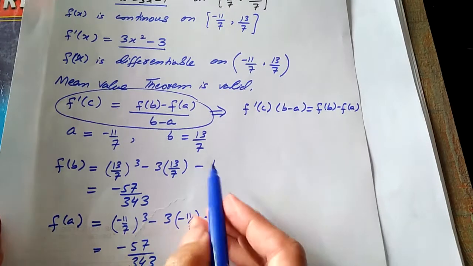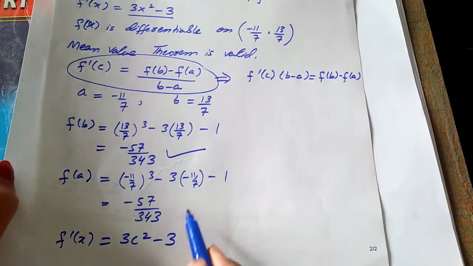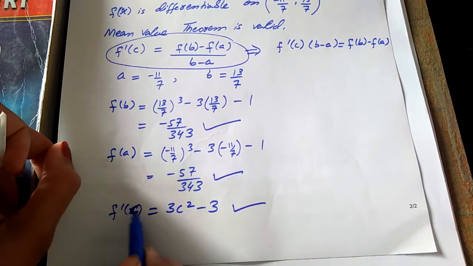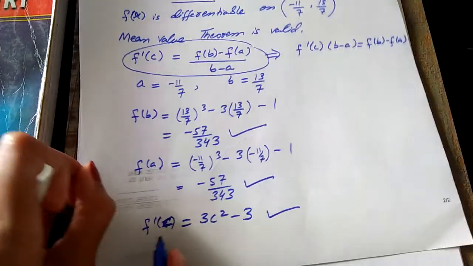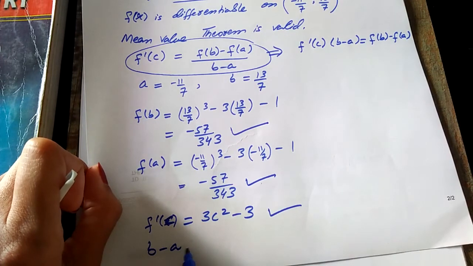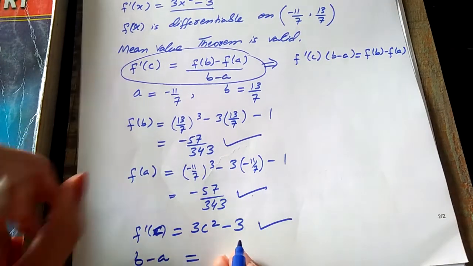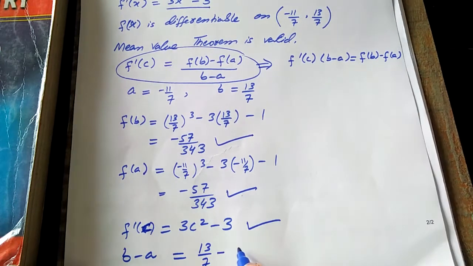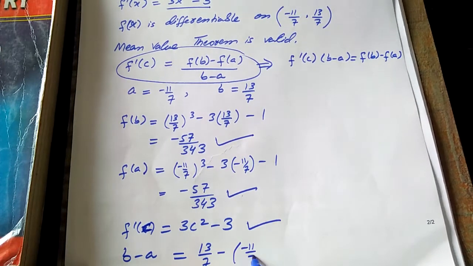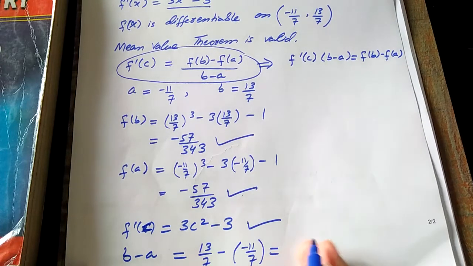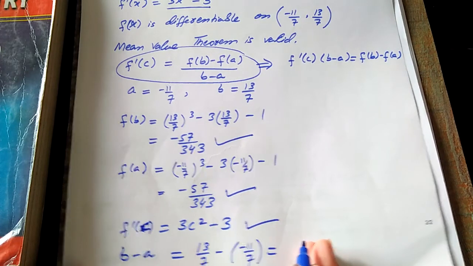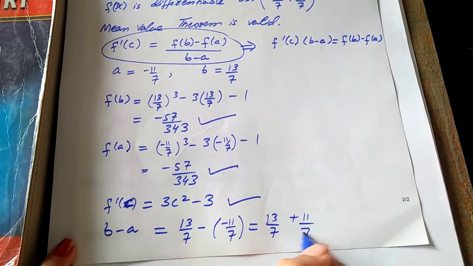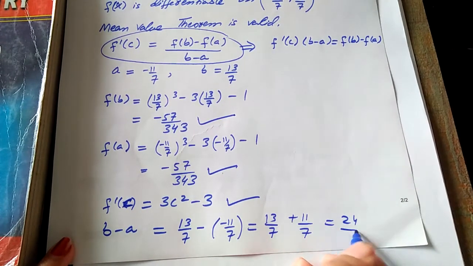Now I will use all these values: f of b, f of a, and f dash of c, and also the value of b minus a. B is 13 over 7 and a is minus 11 over 7, so b minus a is basically 13 over 7 plus 11 over 7, which is 24 over 7.